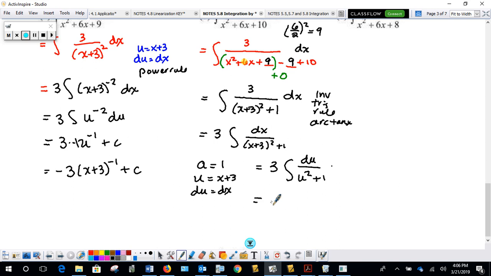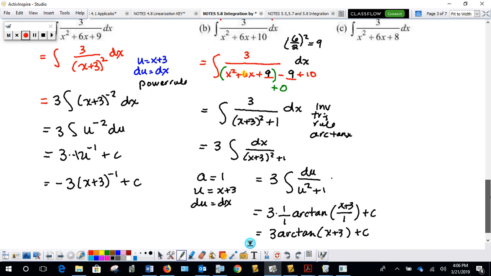And so the antiderivative would be 3 times 1 over a, which is 1, arc tangent of u, which is x plus 3, over a, which is 1, plus c, or simplified, 3 arc tangent (x plus 3) plus c. So it helps us get it into a format that allows me to use the inverse trig rule.